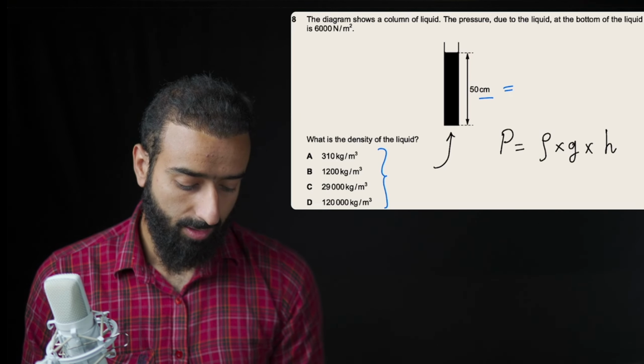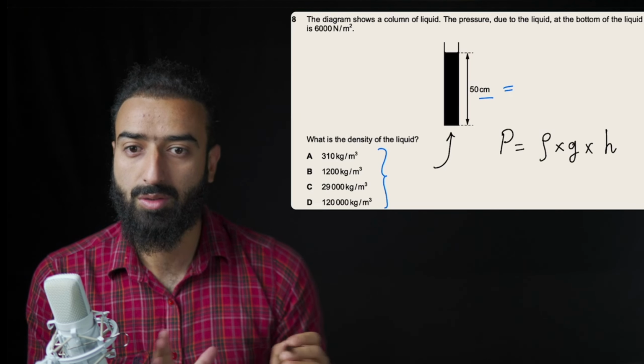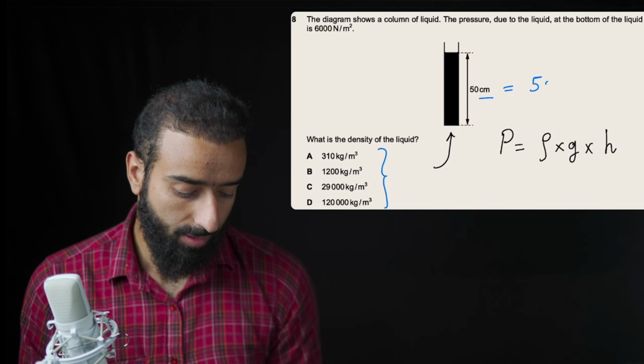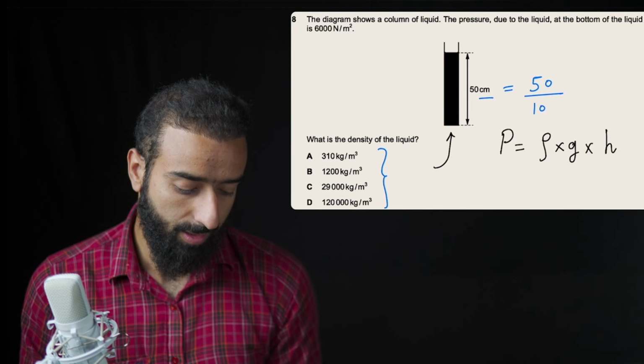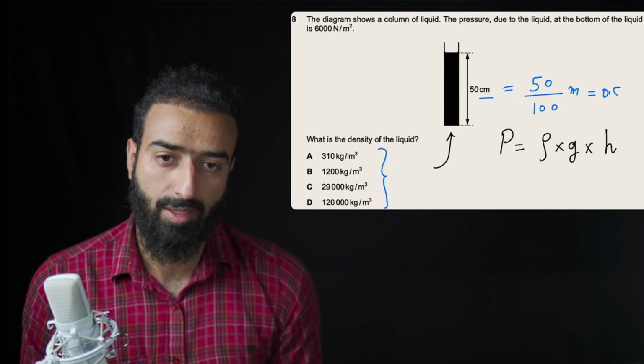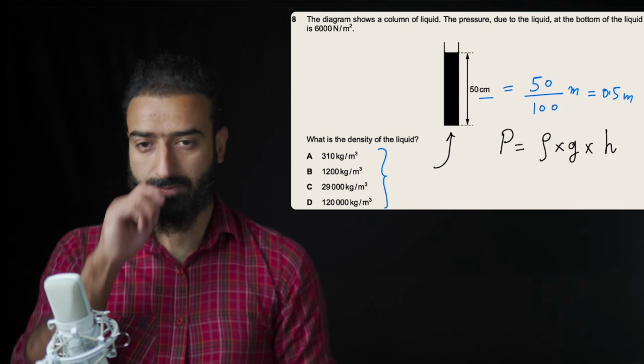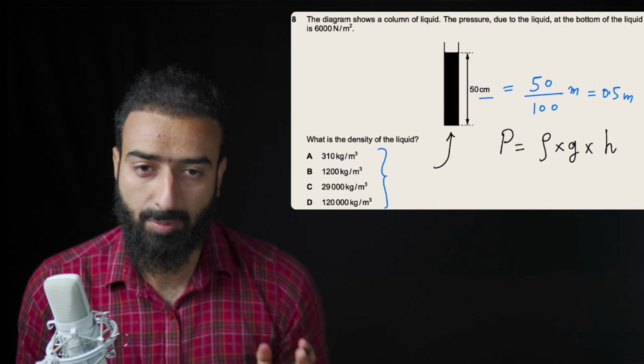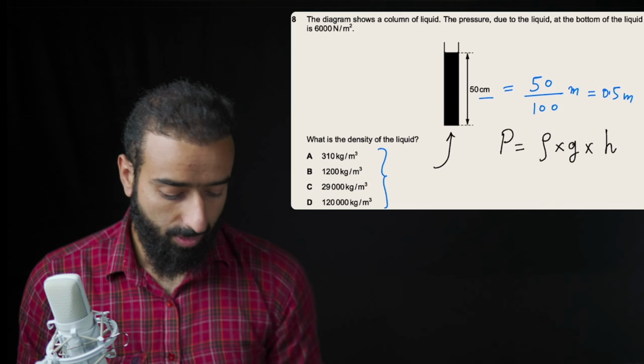If we convert 50 centimeters to meters, it's going to be 50 divided by 100 meters. That's 0.5 meters. With that done, we can use the formula.